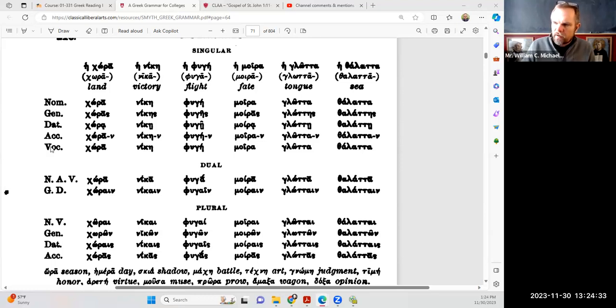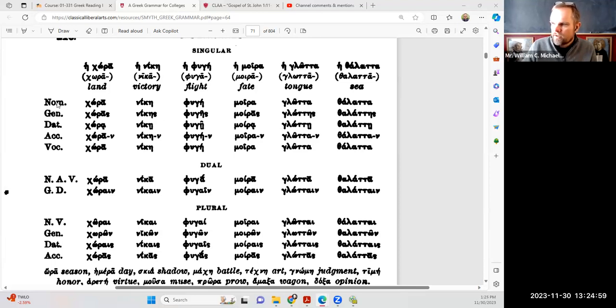What we see is that there are 5 different forms, and these are all singular. This chart shows the singular forms of these first declension nouns. The first form going across the row is the nominative form. These are the genitive forms, the dative forms, accusative forms, vocative forms.